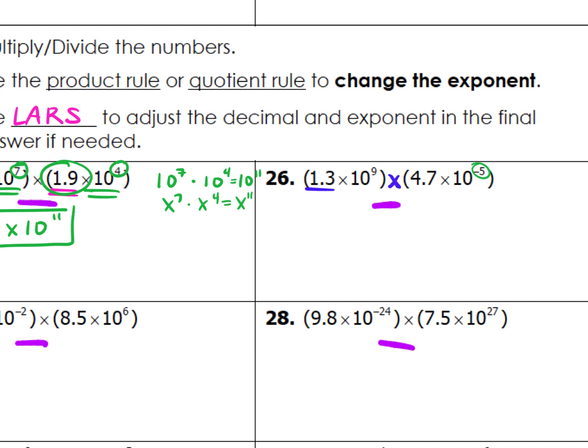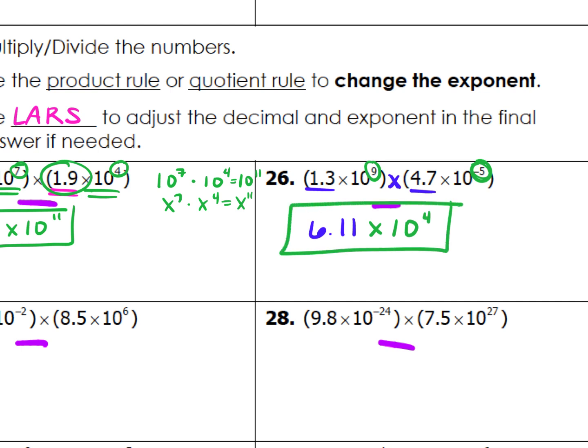Multiply 1.3 times 4.7. Yes, 1.3 times 4.7 is 6.11. Okay, scientific notation is always going to be times 10 to some power. What power? To the 4th power. 9 plus a negative 5 is 10 to the 4th.